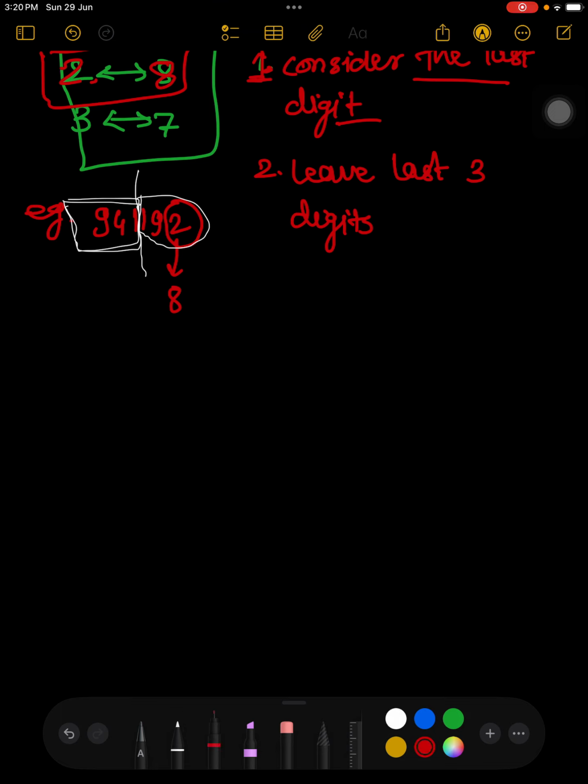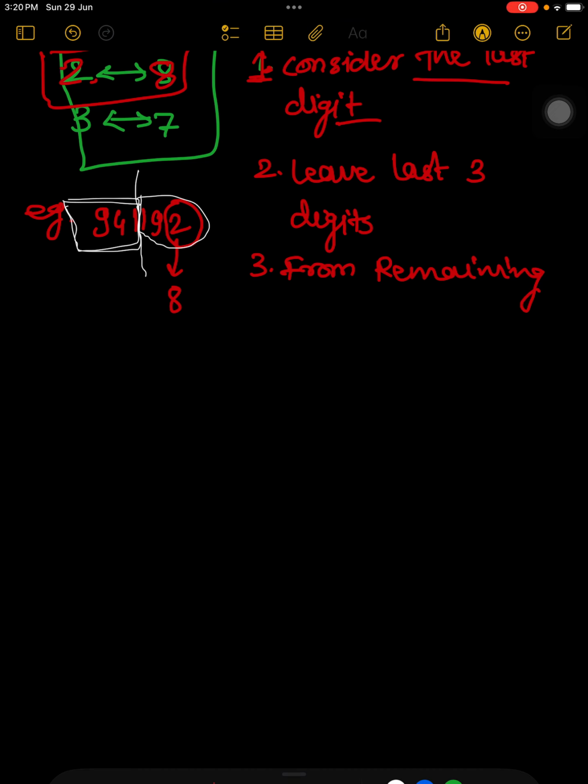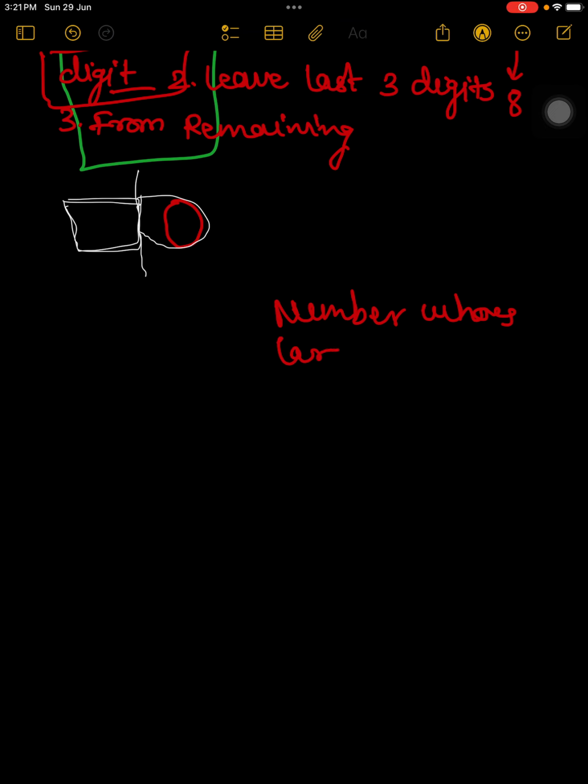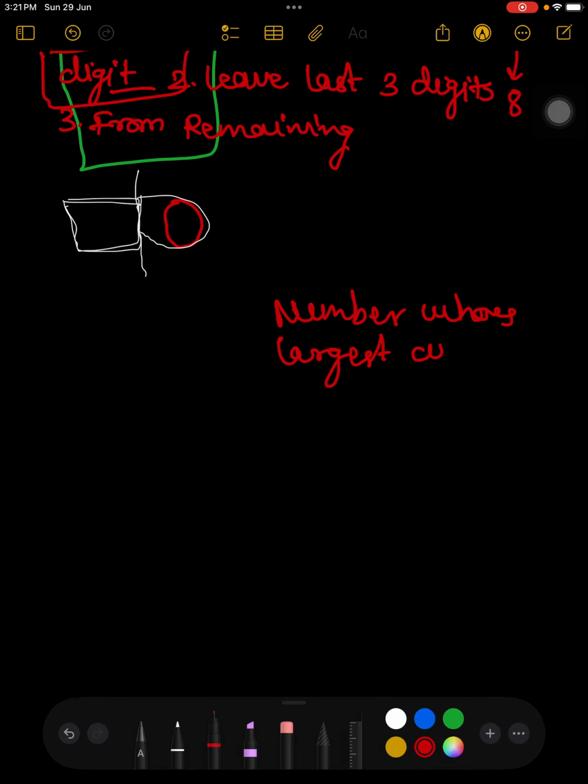Now the third step is from the remaining number, subtract the largest cube.